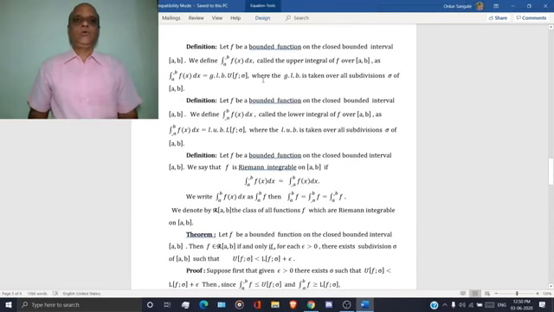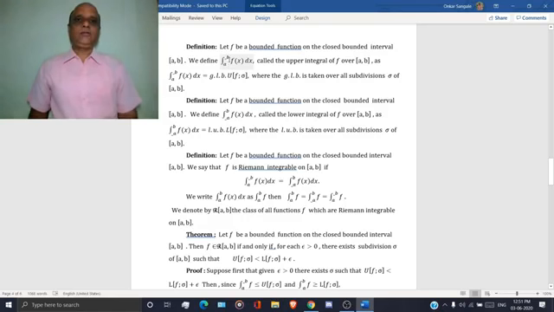Now we define here the upper integral, lower integral and Riemann integral. Let f be a bounded function on the closed bounded interval ab, then we define this integration a to b.